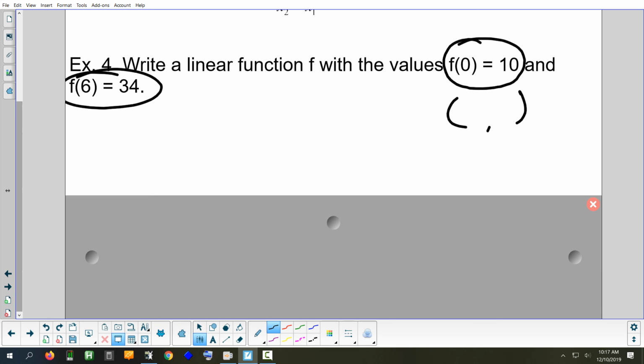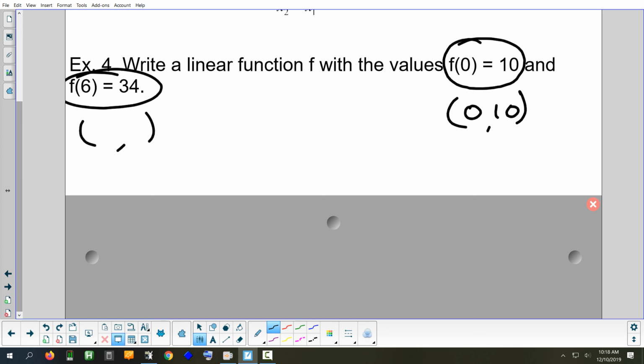Yep. Imagine the F is like the Y and 0. Well, remember, I said I'm always going to give you a coordinate where the first number is 0, right? So what do you think that would be? 0, 10. Yeah, this is the coordinate 0, 10.